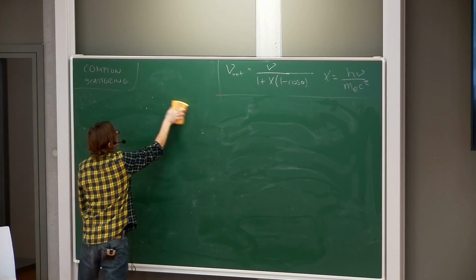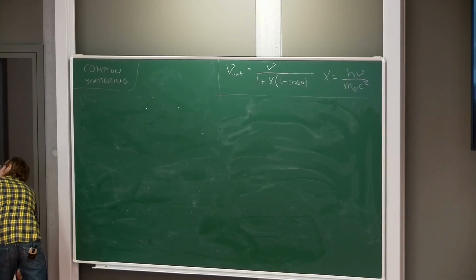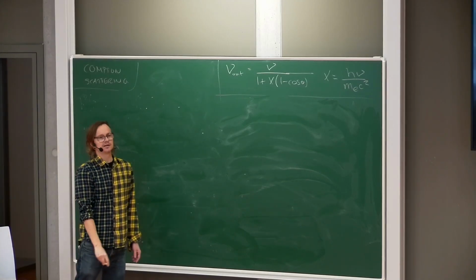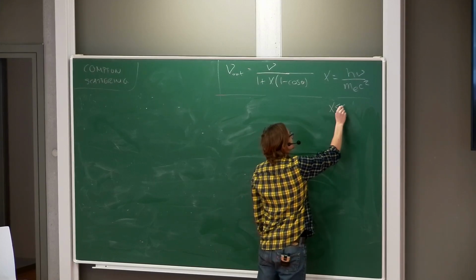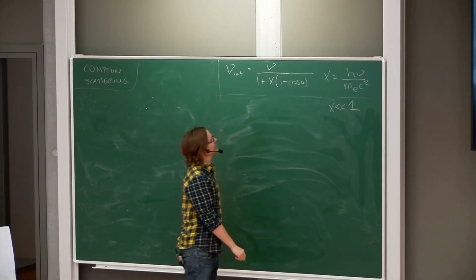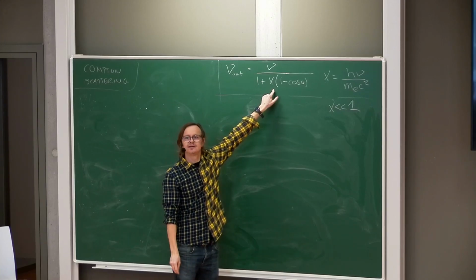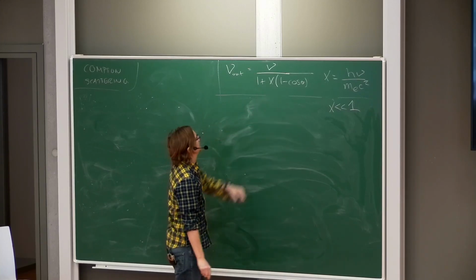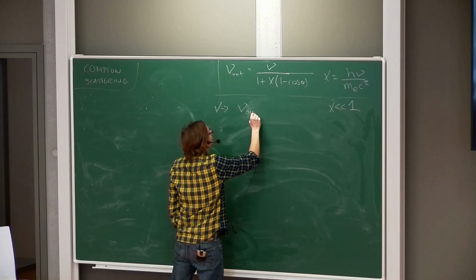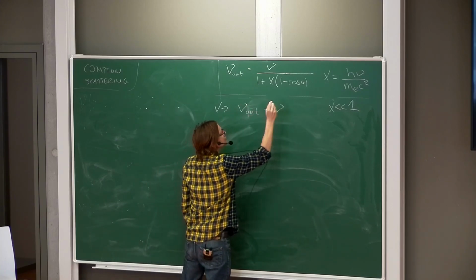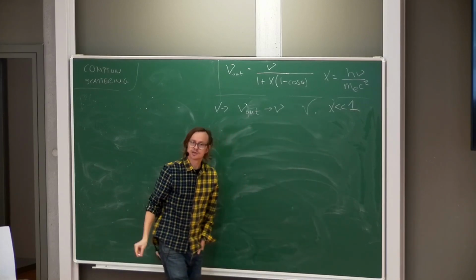That means that h nu is much, much smaller than m_e c squared, or put in this case, x is much, much smaller than 1, goes to 0. So, indeed, when x goes to 0, this is not a difficult equation: nu out goes to nu. That is, we recover the Thomson.